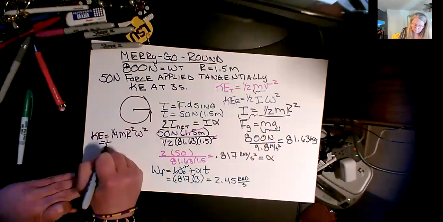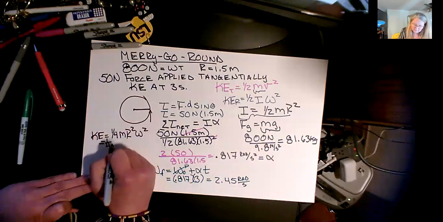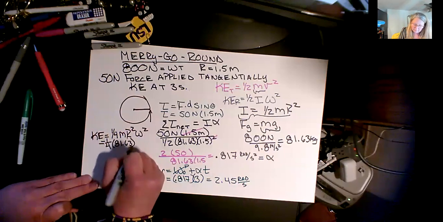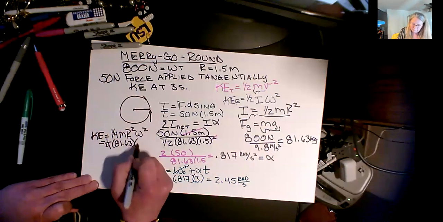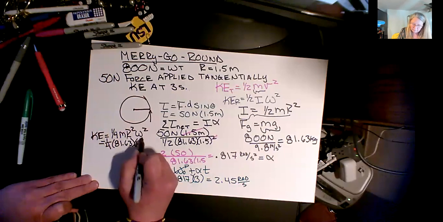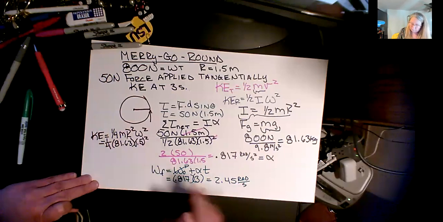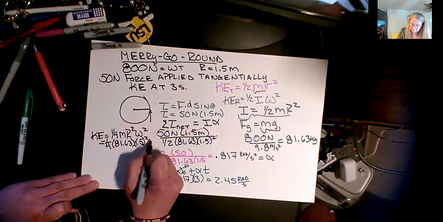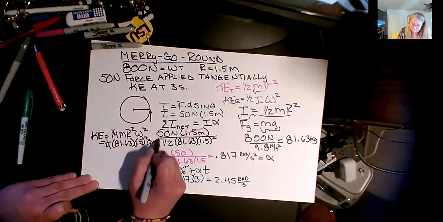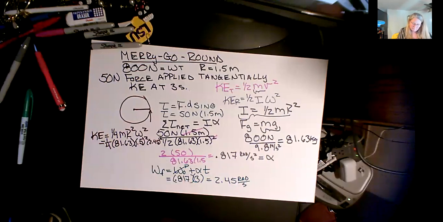So 1/4 times the mass of this thing, 81.63, times R squared, 1.5 squared, times omega squared, 2.45 squared.